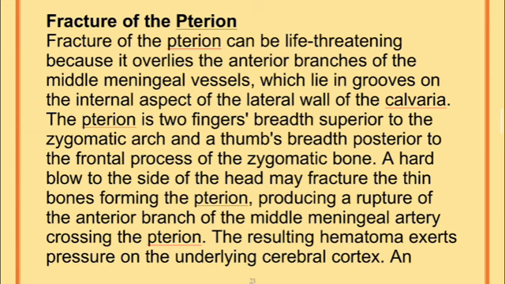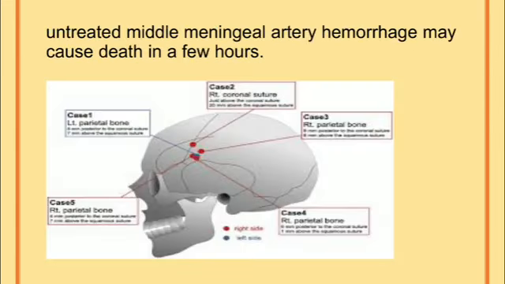So you have a hematoma resulting, and this hematoma exerts pressure on the underlying cerebral cortex. When there is an untreated middle meningeal arterial hemorrhage, you could have death in a few hours, so it's not a good thing at all. So right here is an illustration of the Pterion, and then when you take a close look, you see what happens when there's a fracture of the Pterion.